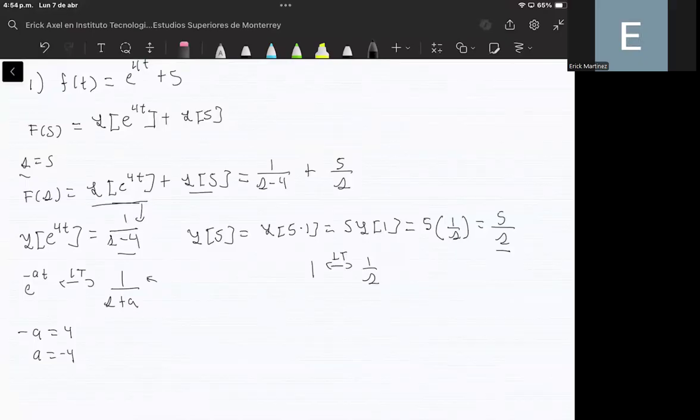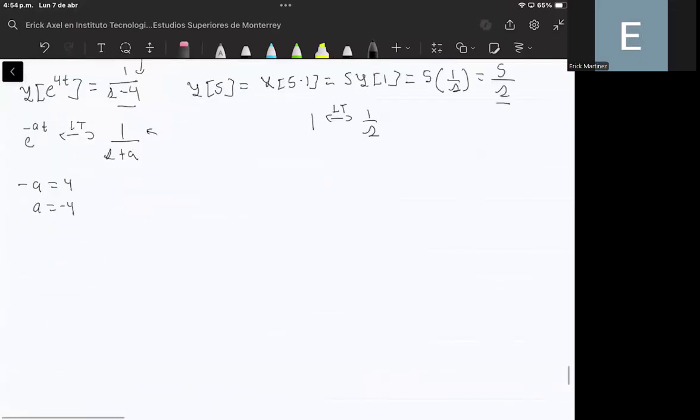And I will make another example to show you how you can compute the Laplace transform. For example, we now have the following function: f of t is equal to the cosine of 2 times t plus 7 times the sine of 2 times t. Okay?